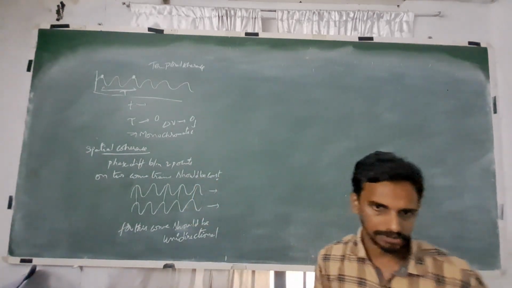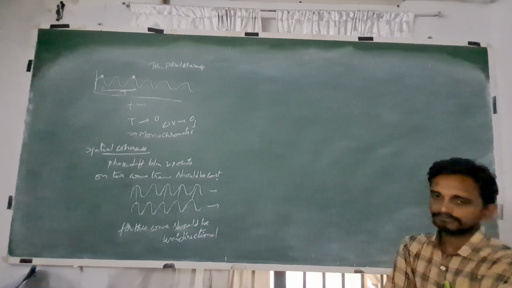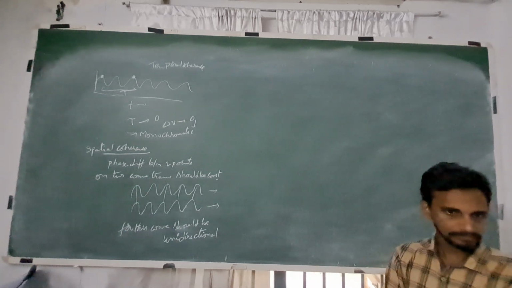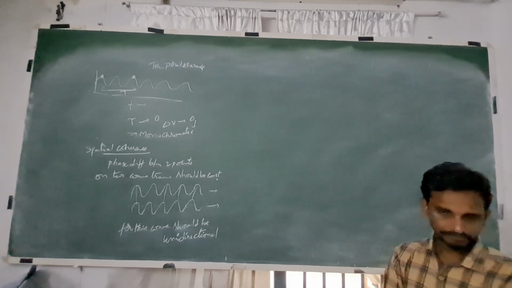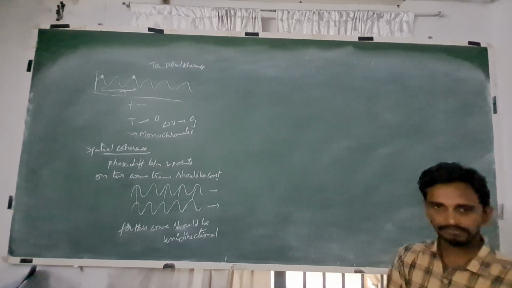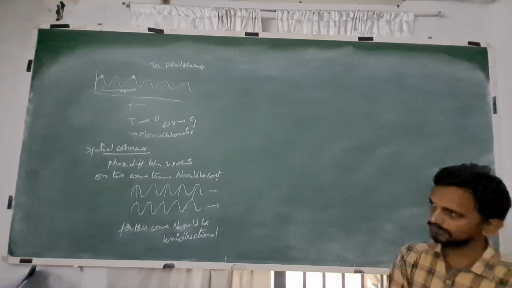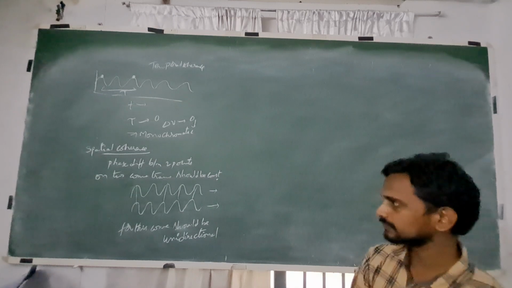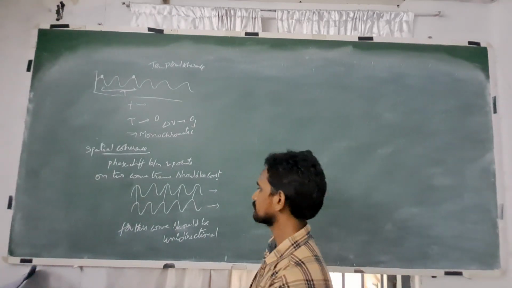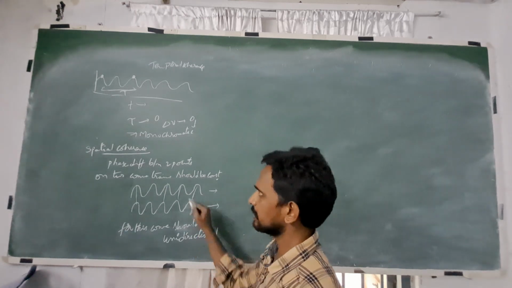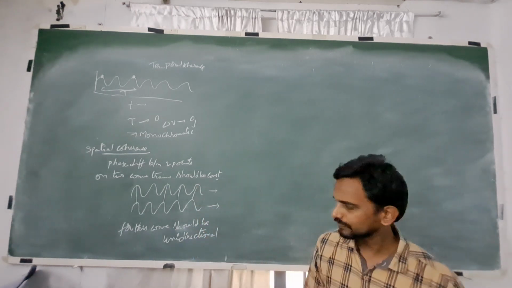Wave should be unidirectional. So laser is the best example for a spatially coherent light source.